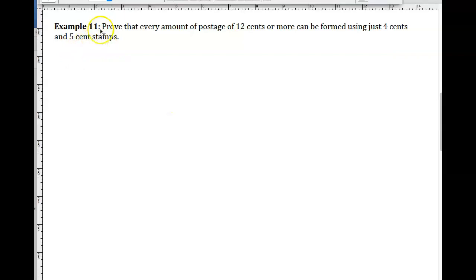Example 11 says, prove that every amount of postage of 12 cents or more can be formed using 4 cent and 5 cent stamps. Let's look at the basis step. 12 cents or more means n is bigger than or equal to 12, so we take our basis step to be when n is 12.